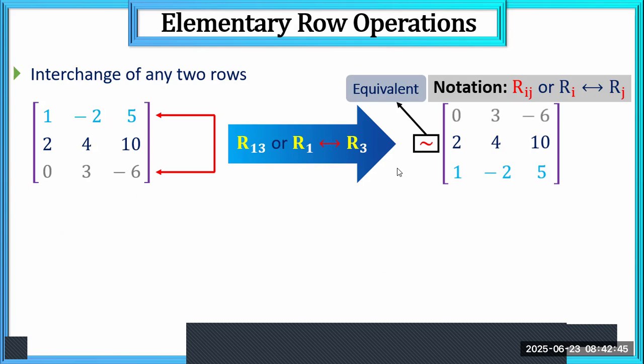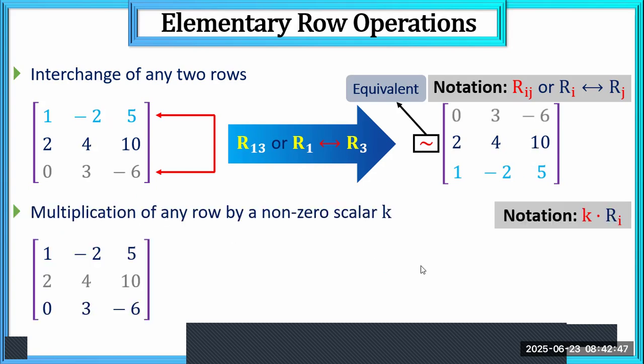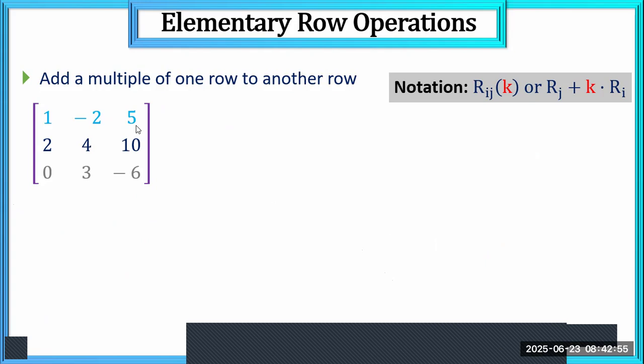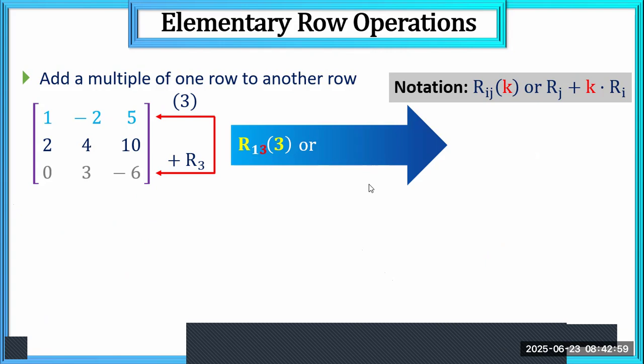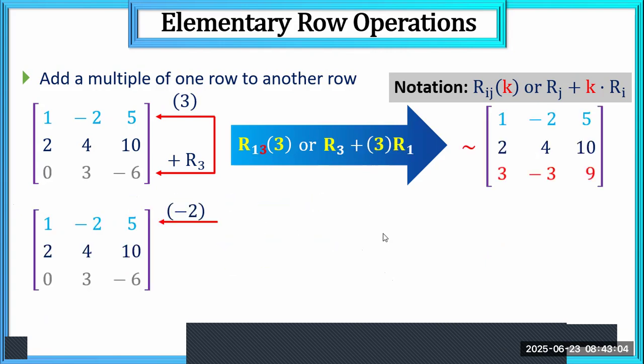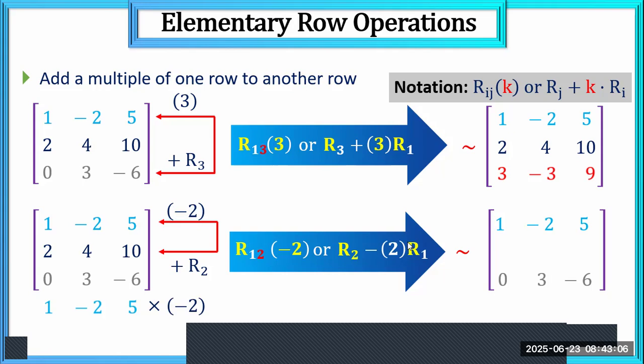If you interchange R1 and R3, we get like this. Multiplication by a non-zero scalar gives like this. Next, adding a multiple of one row to another, you get like this. We can add, we can delete like that.